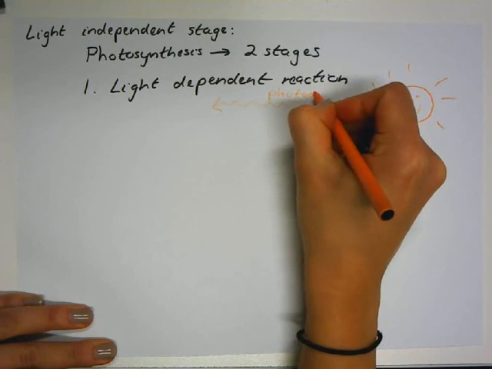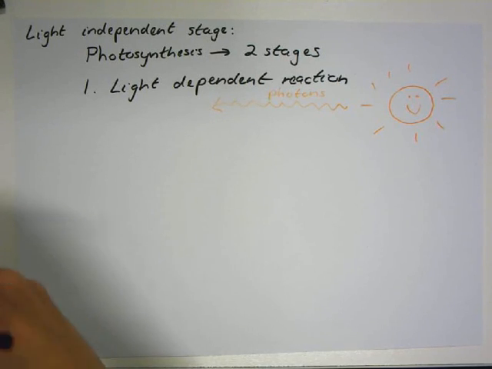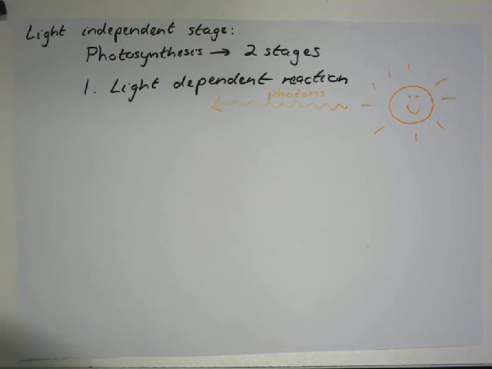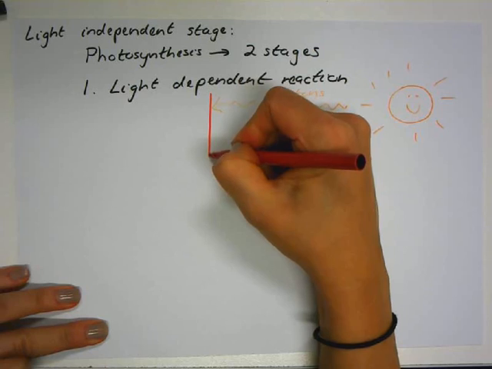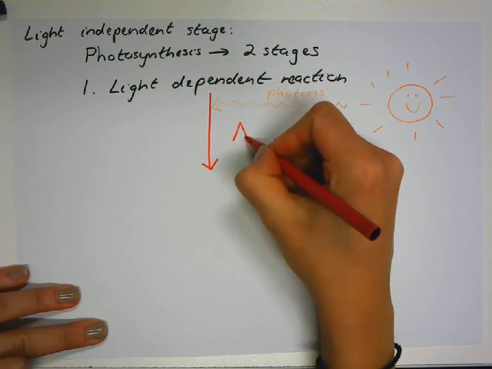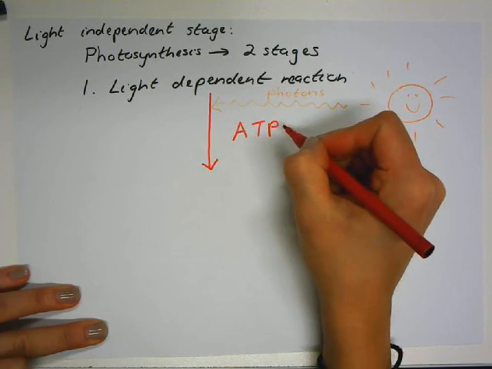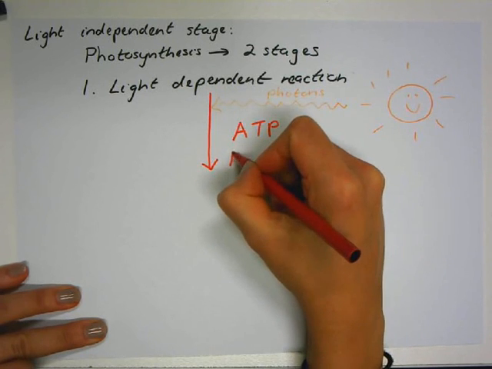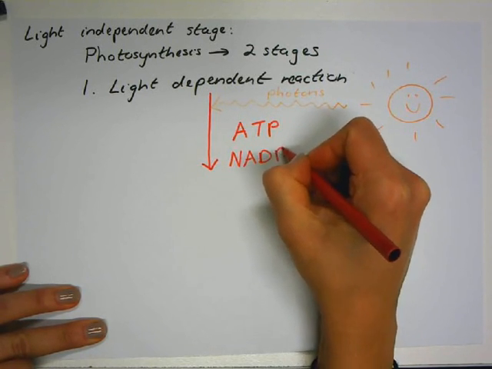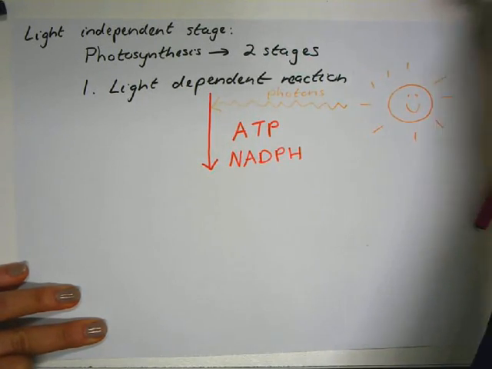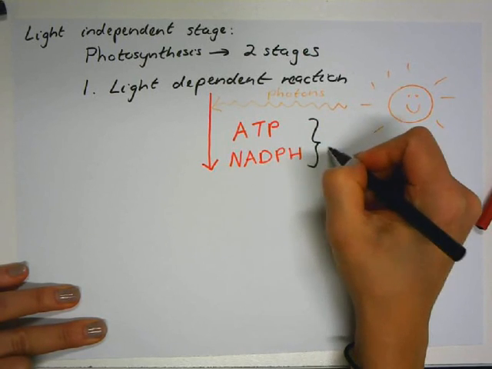These photons will ultimately get used to produce ATP, which is what our cells use for energy, and NADPH. So these two molecules are produced.